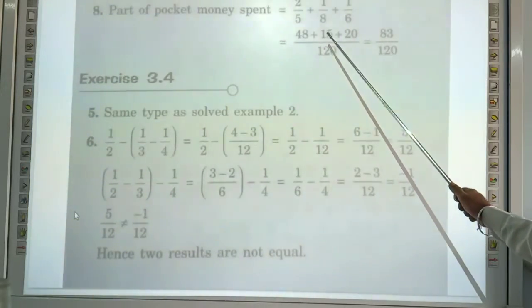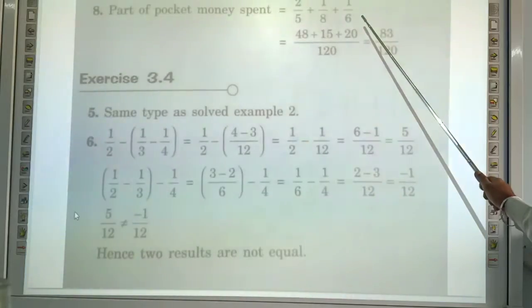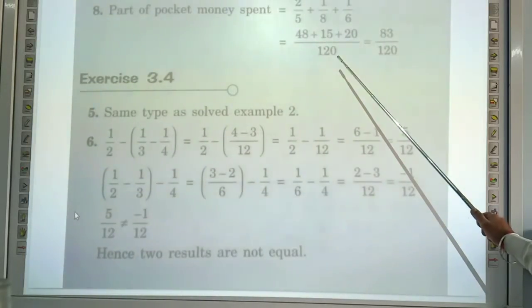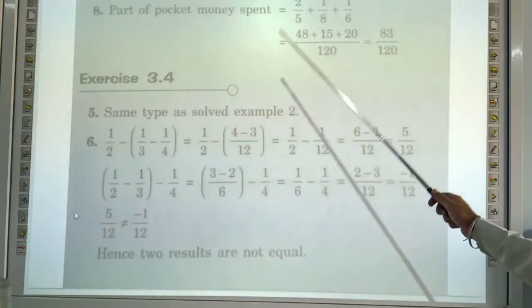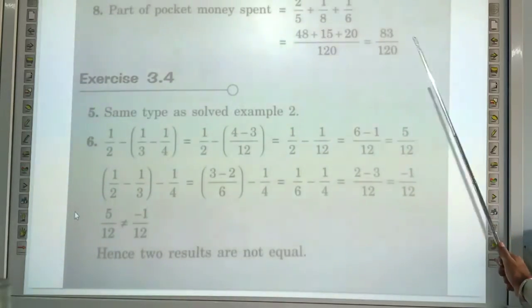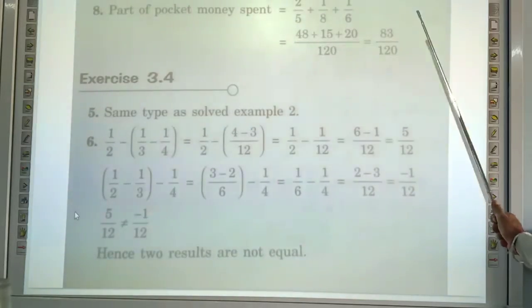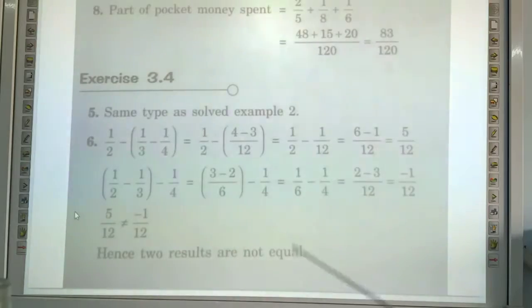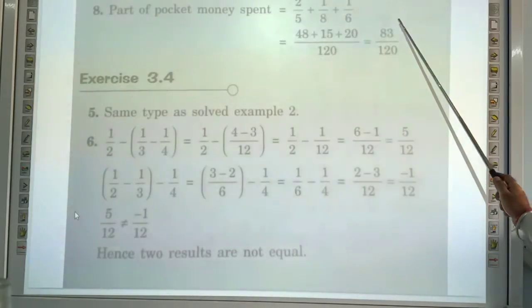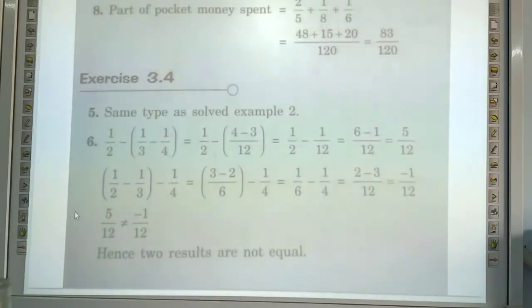So 1 is multiplied by 15. 6 20s are 120, 1 is multiplied by 20 here, so we get 48 plus 15 plus 20, which on adding gives us 83, and the denominator remains as it is, 120, so our final sum is 83 upon 120, which means that 83 upon 120 part of money was spent in total.